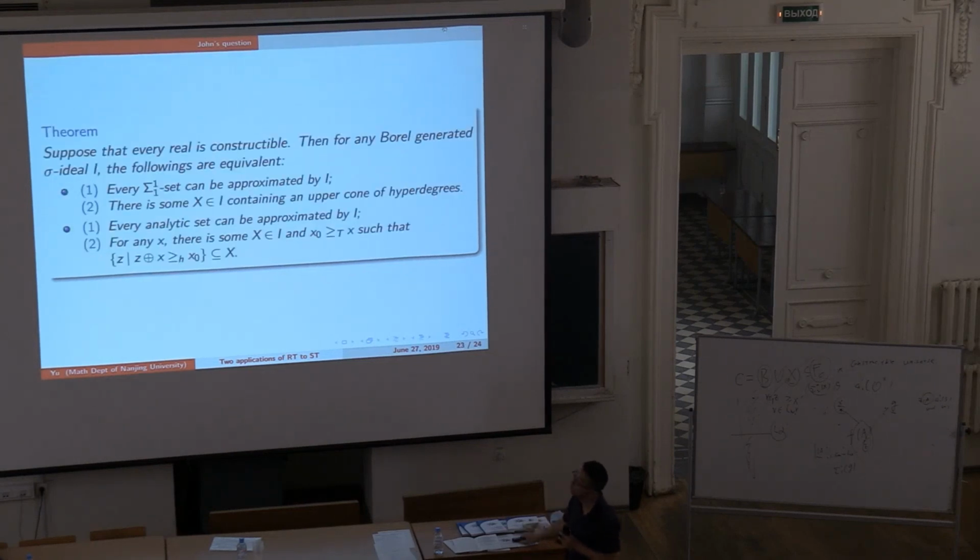And then we prove this. So a sigma 1 1 set can be approximated by I. It's a pure recursion theory question. Just this element in I, which ranges over a cone of hyperdegrees or delta 1 1 degrees. And for the boldface analytic, then you just need to relativize this statement.